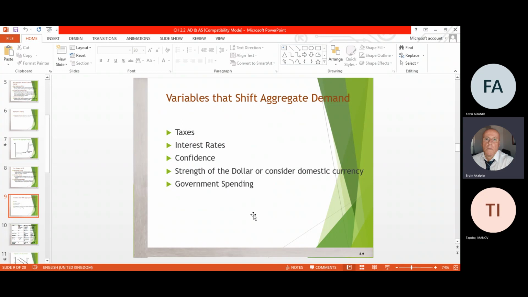If the taxes are employed and reduced or deducted from disposable income, let's say 10%, if you are getting $1,000, you will get $900. If it is 20%, you will get $800.